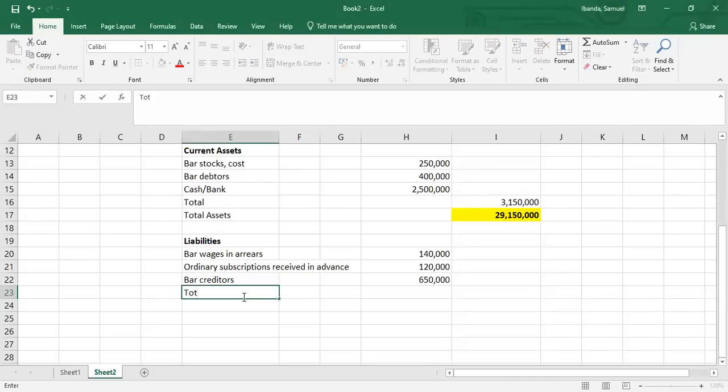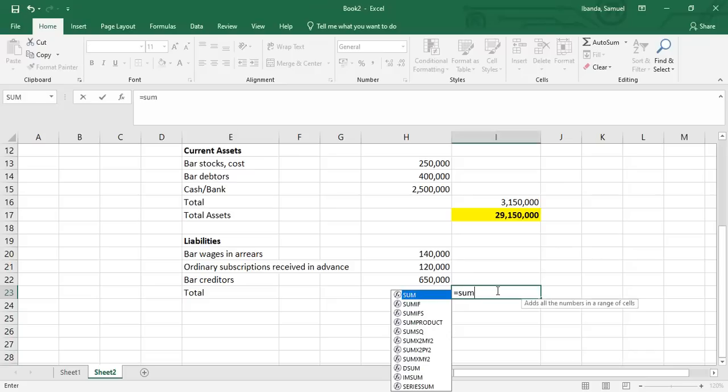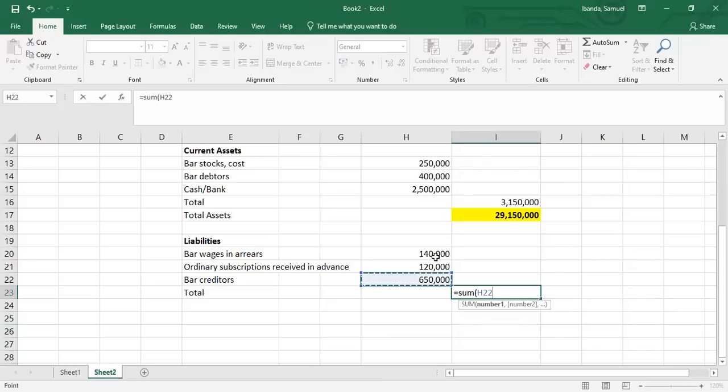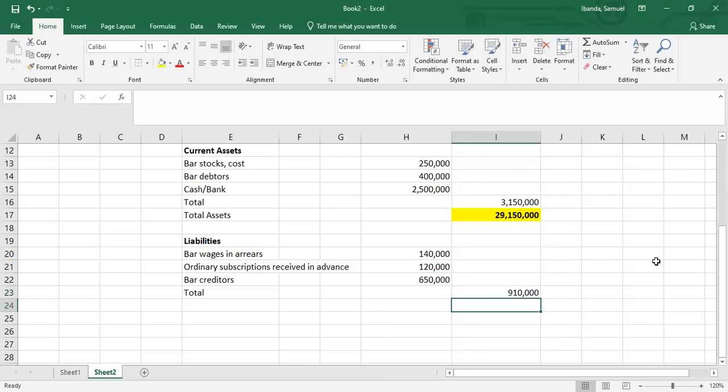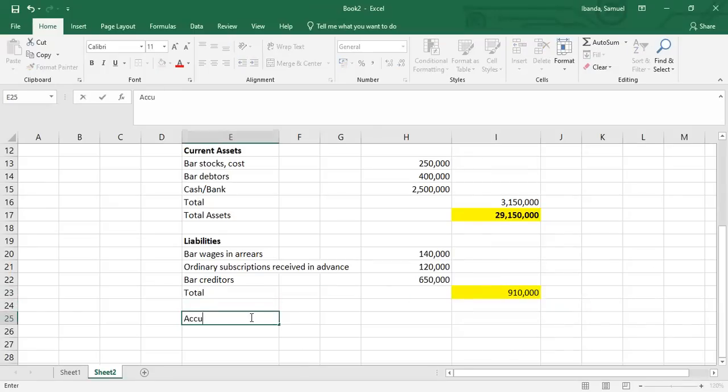So the total of this is 910. Remember our accumulated fund, which we said is assets minus liabilities.